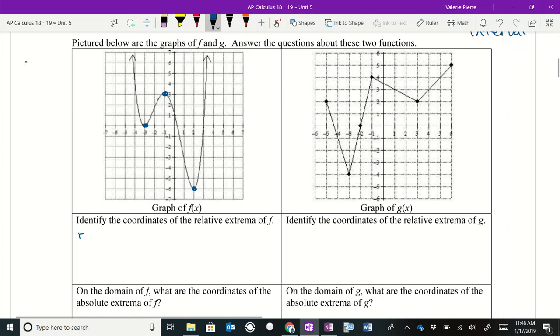So here we go. We have relative max at (-1, 3). And we have relative mins at (-3, 0) and (2, -6).